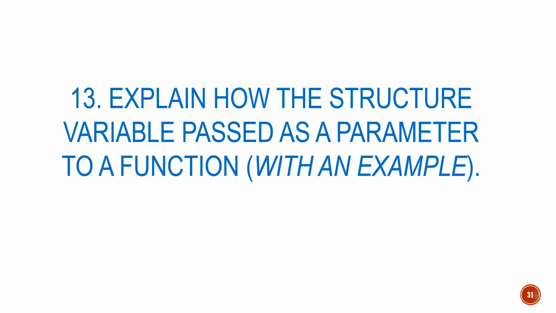Question number 13. Explain how a structure variable is passed as a parameter to a function with the help of an example. Basically there are three ways by which we can pass a structure.